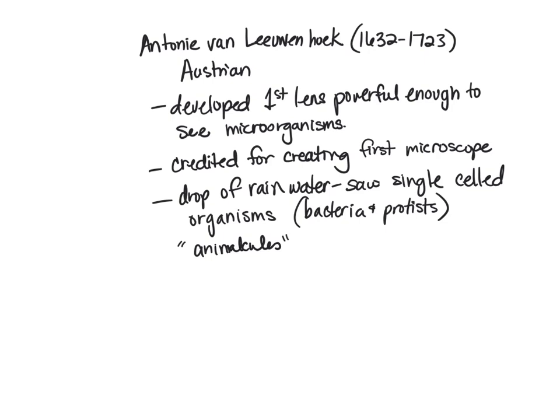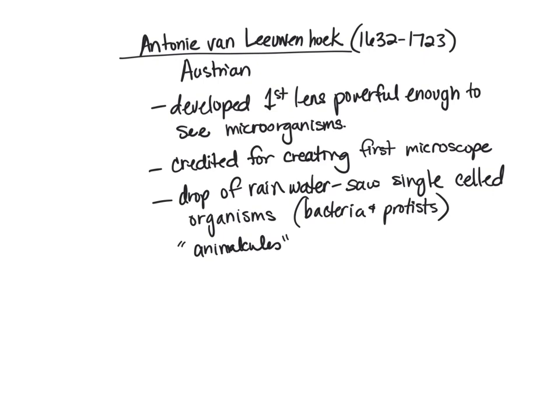So he was really the first one to prove what Terentius Varro had said, that there are these little things that we can't see that are causing the disease. What he did then was put a visual to those little things. He confirmed that yes, there are these little things that we can't see, and now we can see them because I've created this lens, and this lens makes them large enough for us to see.